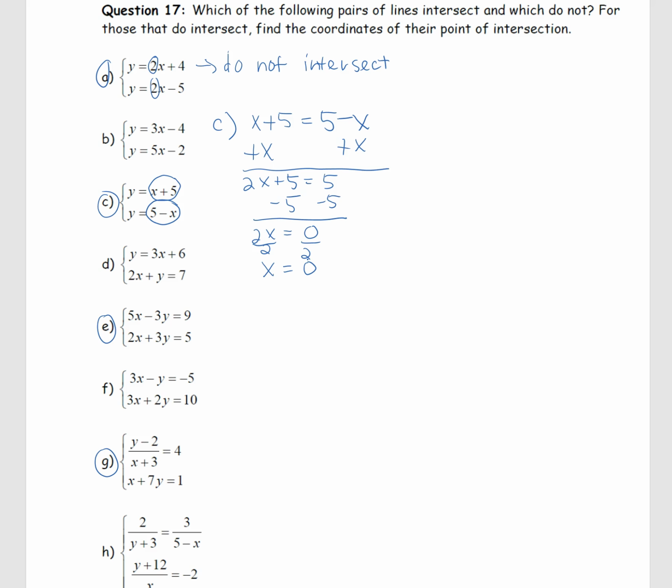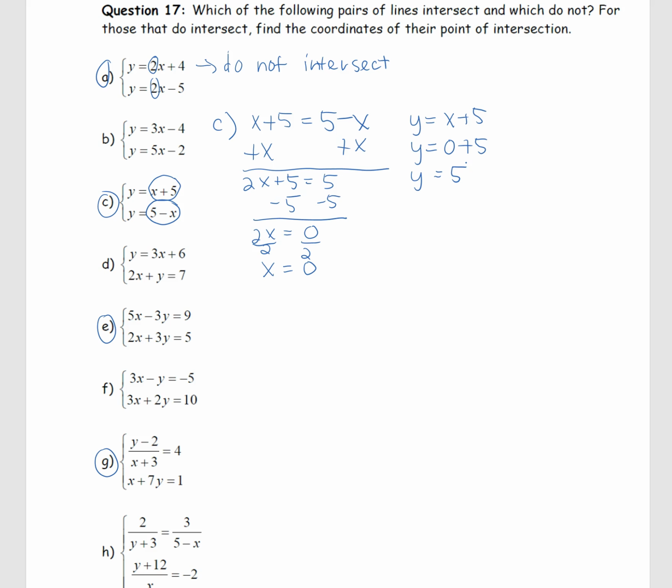So now I can take this x value and plug it into either one of these equations. I'm going to pick the first one. So this gives me y equals x plus 5, and I'm plugging in 0 for x. So I have y equals 0 plus 5. This gives me y equals 5.